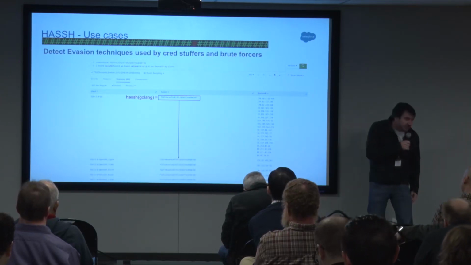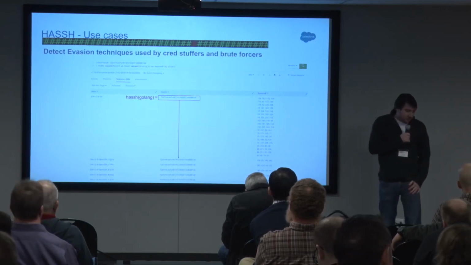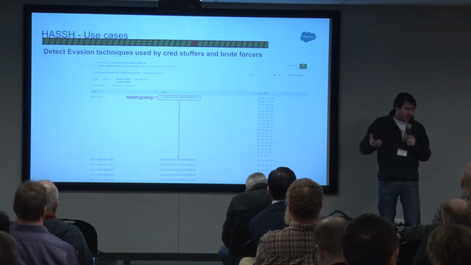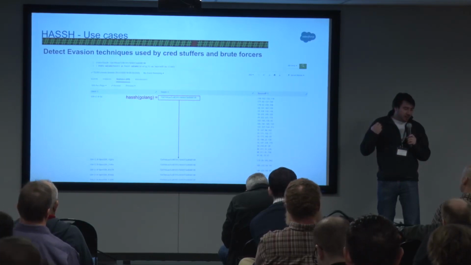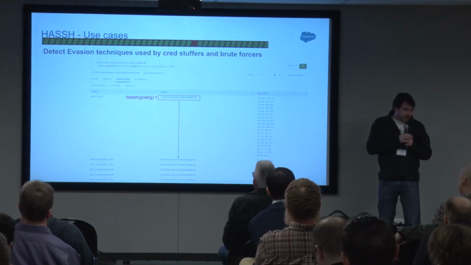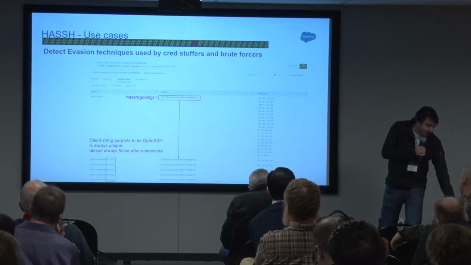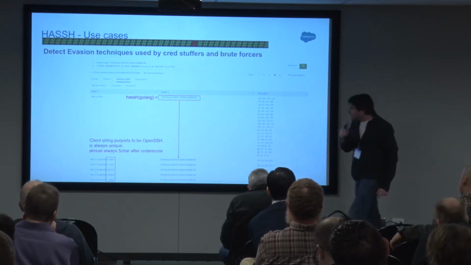So this is also interesting. Adele was spending some time doing the same thing that Andrew does, looking at connections coming in to a honeypot that he set up somewhere on the internet. What he was seeing was that people were connecting using the hash of Golang, but they were changing their client identifier strings.